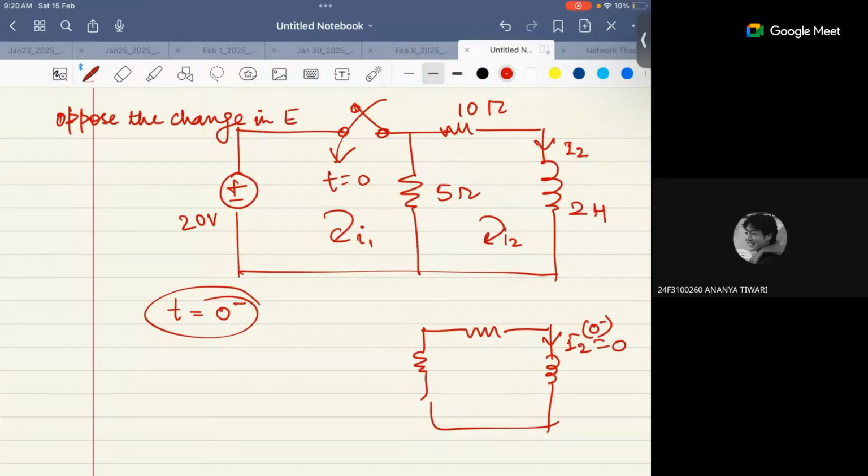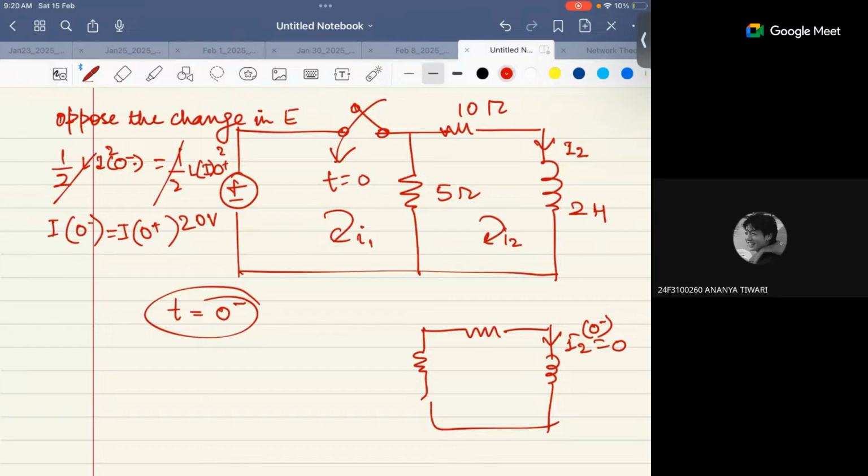The energy you write in the form of L i square, so half L I of 0 minus square equals half L I of 0 plus square. This gets cancelled, so I2 of 0 minus equals I2 of 0 plus.